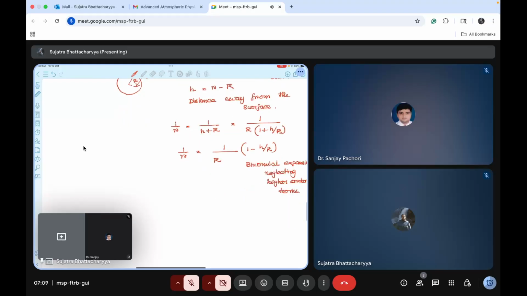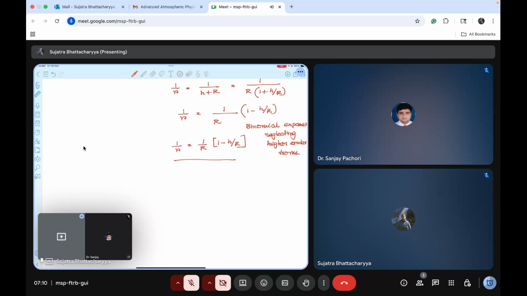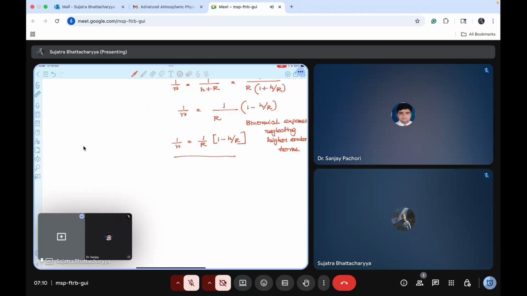So what we can finally get is 1 by small r is 1 by capital R times 1 minus h by R. This will hold only when h is much less than R.